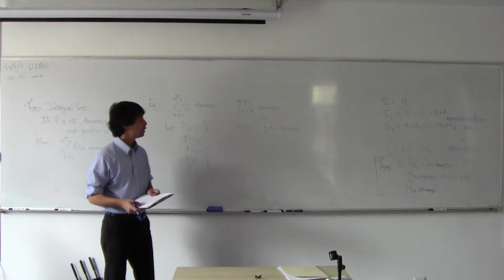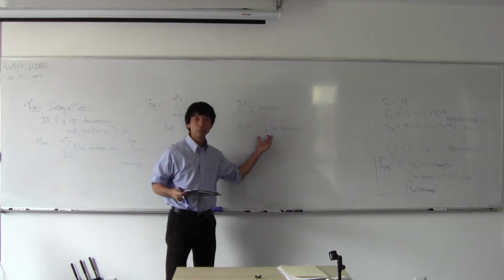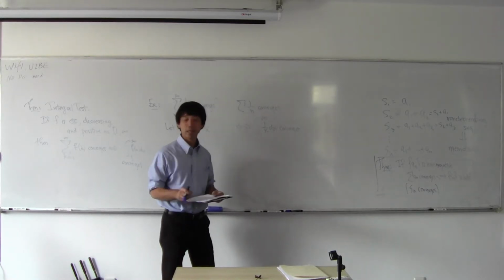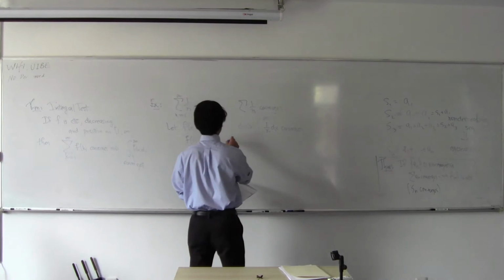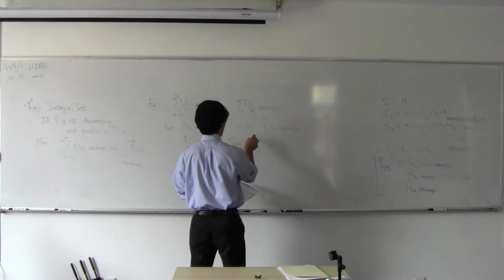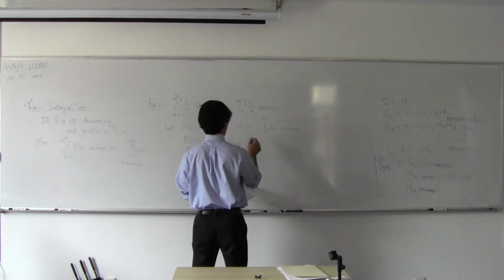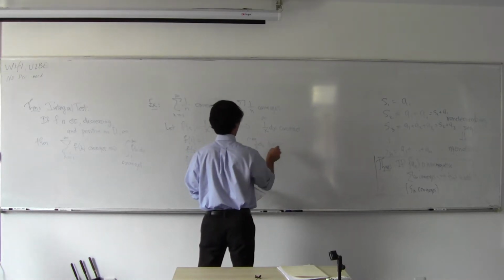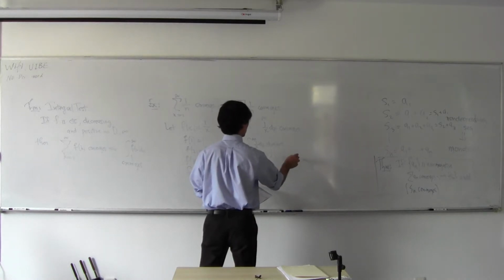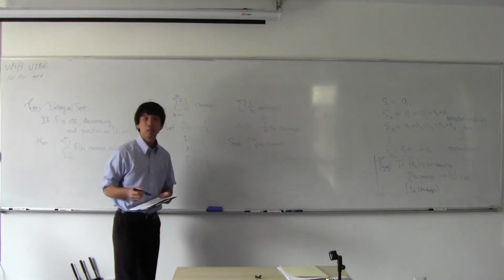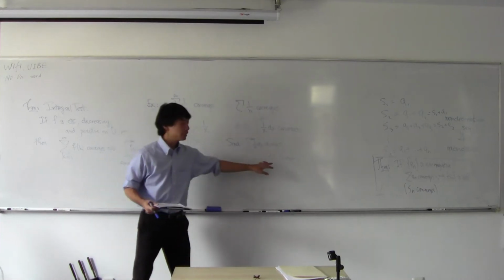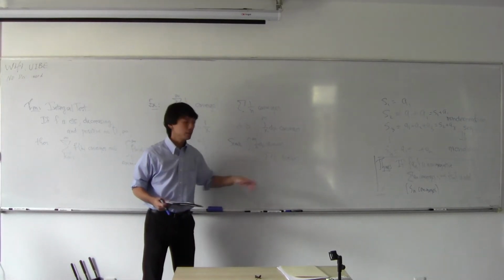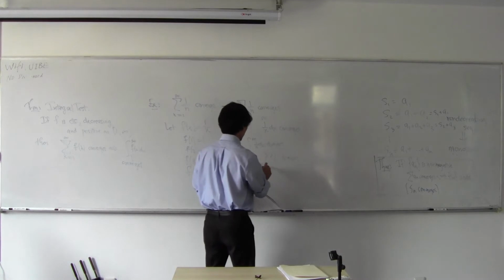Now, does this improper integral converge? No, it doesn't. Since this thing diverges, we know that the summation of 1 over n diverges. In fact, we saw this yesterday. This was the harmonic series.